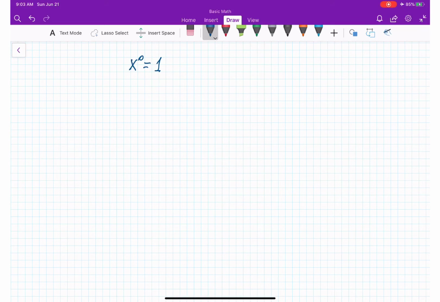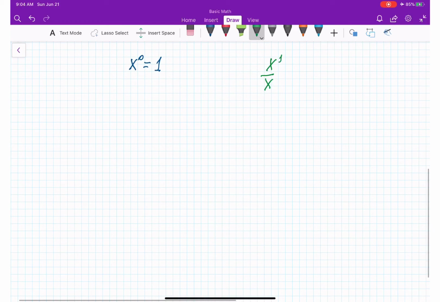If I take x divided by x, I can write down x to power 1. It's the same thing, right? x to power 1, because when we say x, that means power 1 and coefficient 1.